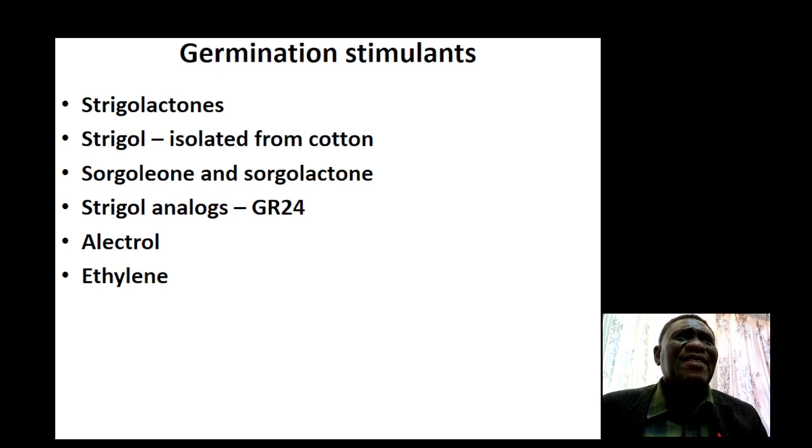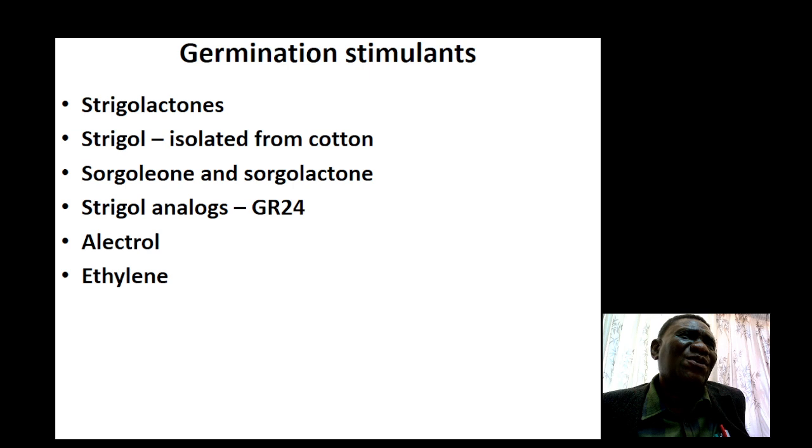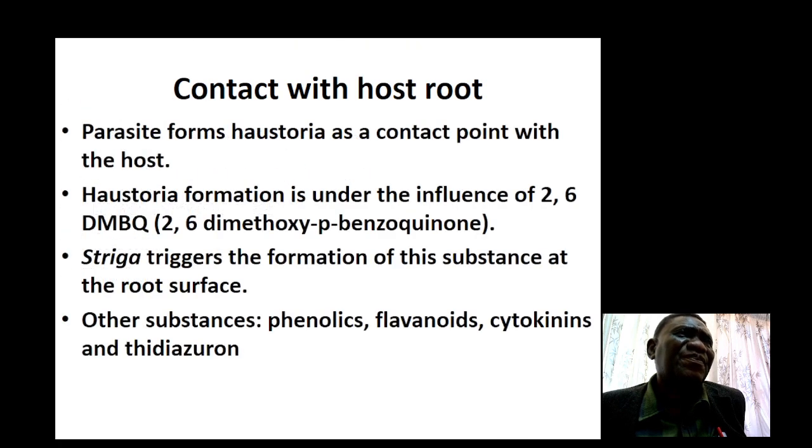Some scientists have tried to create herbicides out of these striga analogs. You spray them in the field so that the striga seed can germinate in the absence of the host so that it dies. We also have orobanchol, ethylene. These are natural products from the crops or plants.